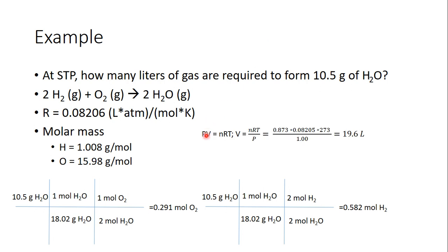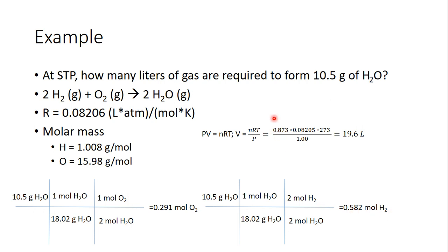Now we're going to go to the ideal gas law. PV equals nRT. So the question is, how many liters of gas, or what volume of gas do I need? So volume equals nRT divided by P. Now n, that's given by the moles we just calculated. I need 0.291 moles of oxygen, and I need 0.582 moles of hydrogen.